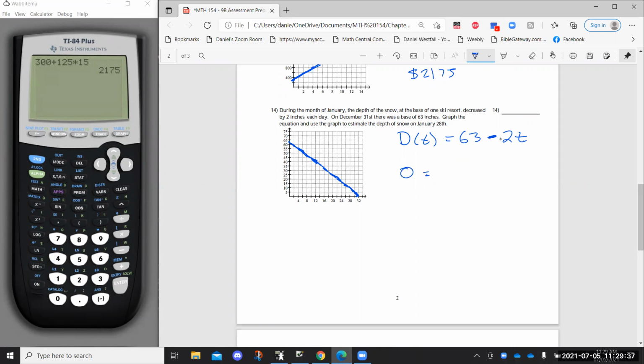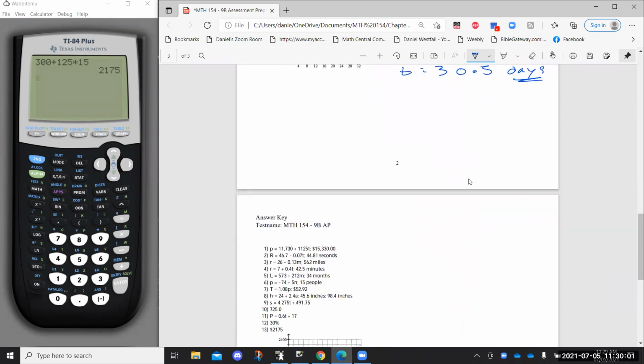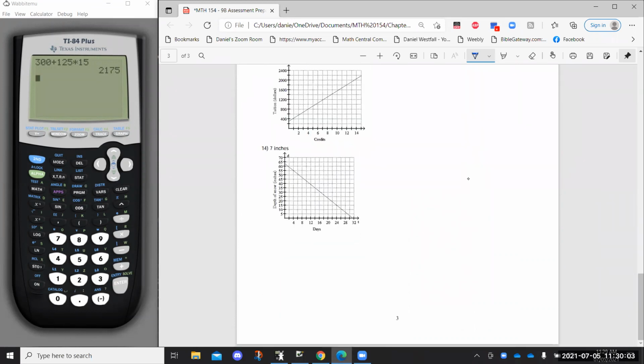I wanted to see, if I'm not making any sense to you. $30 and 1/2, that's what I meant to say. 30 and a half days. That's how long it should take to have no snow left. See that? It crosses right there. 30 and a half days.